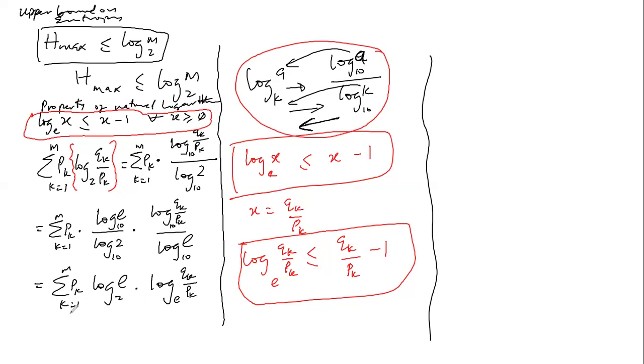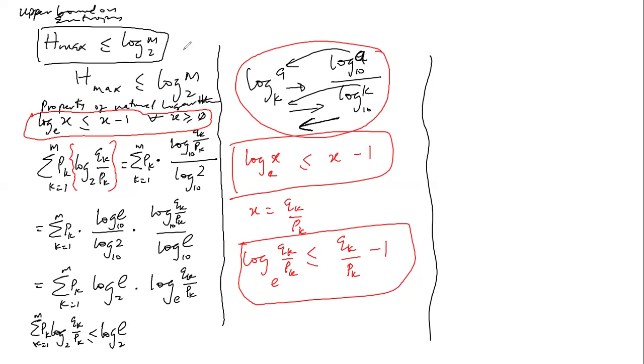Okay, so it means that here we now have sigma k equal to 1 to m p sub k log to base 2 qk over pk is less than or equal to, now we can bring this out, right? It's more like a constant.